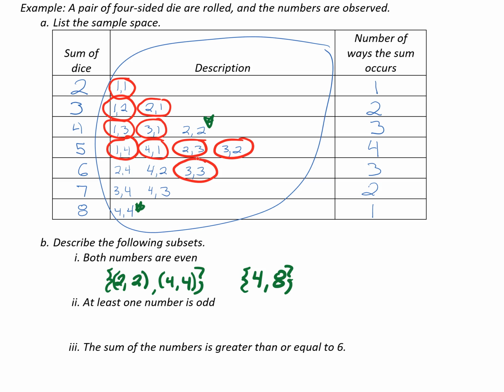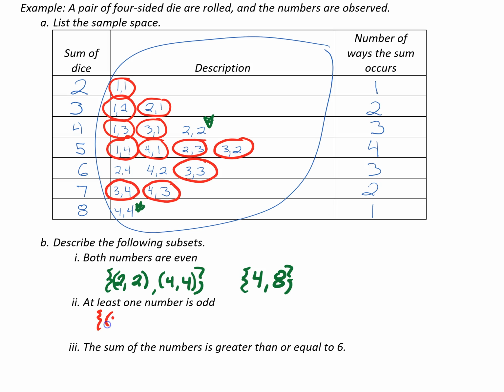It was almost the complement of part I, both numbers are even, but it's not exactly the complement. Okay, at least one number is odd. So all the circled descriptions would be the subset for at least one number is odd.